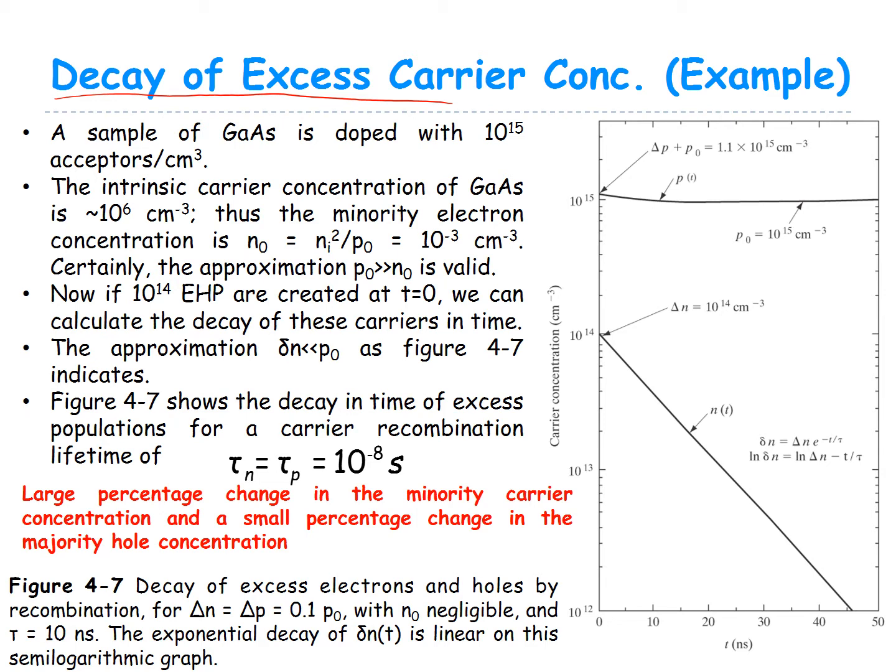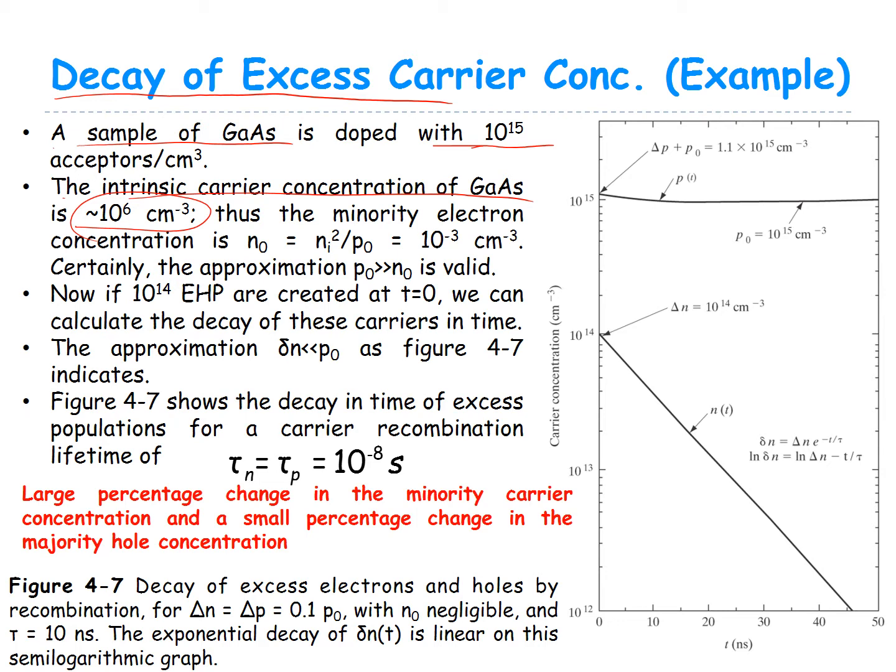So in the example, we have a sample of gallium arsenide which is doped with 10 to the 15 acceptors per cubic centimeter, and the intrinsic carrier concentration of gallium arsenide is 10 to the 6 electron-hole pairs per cubic centimeter.